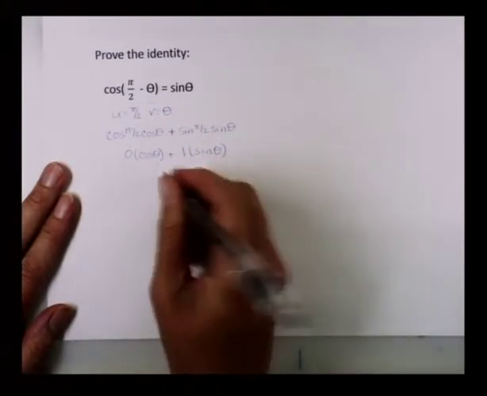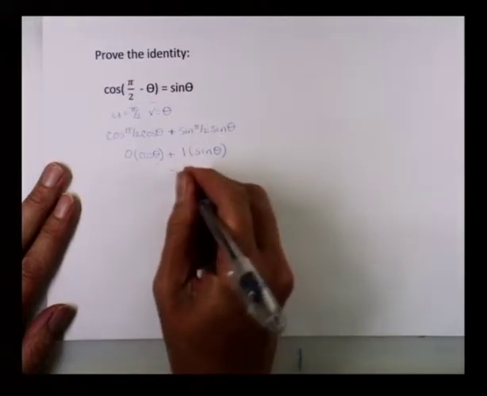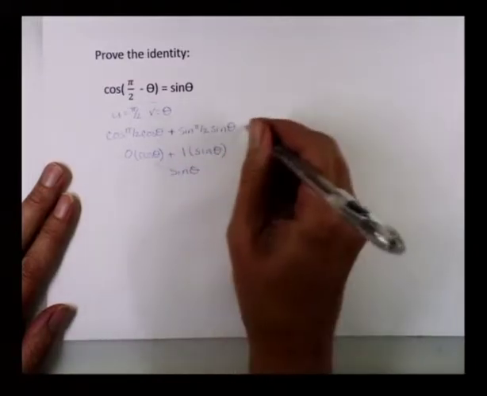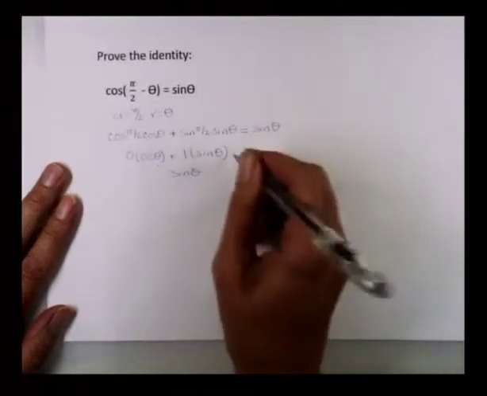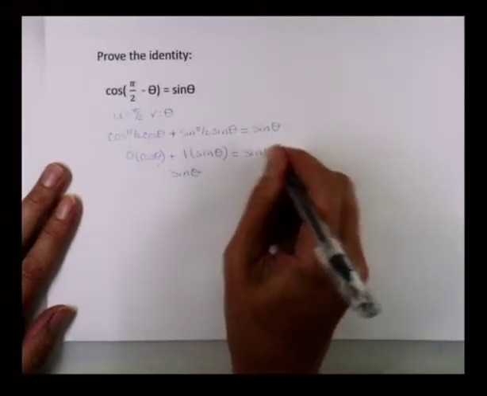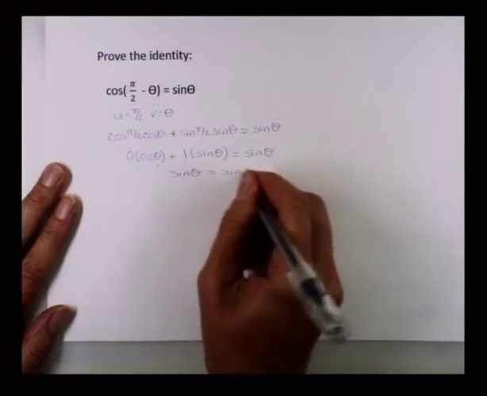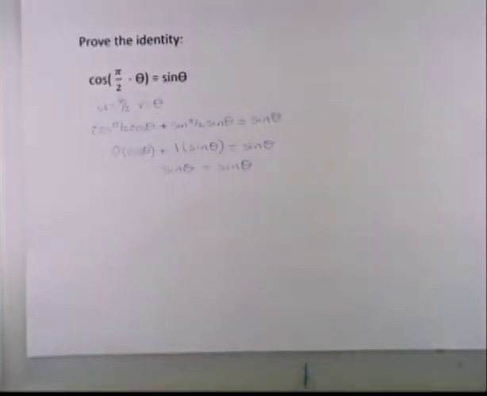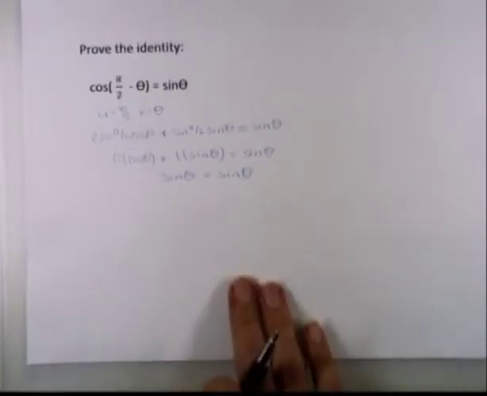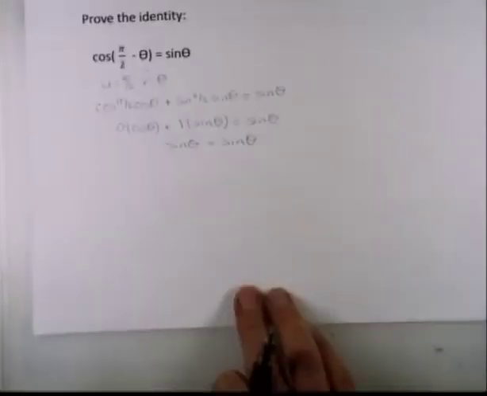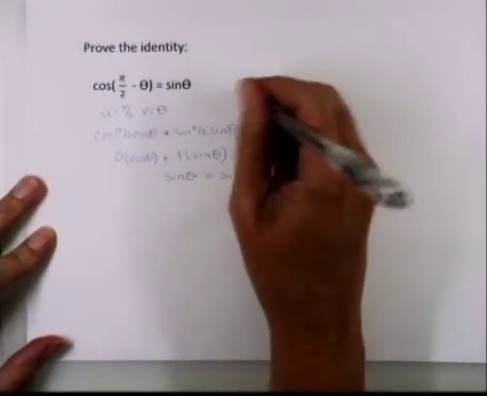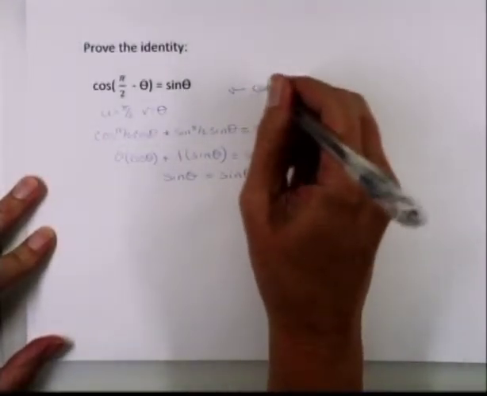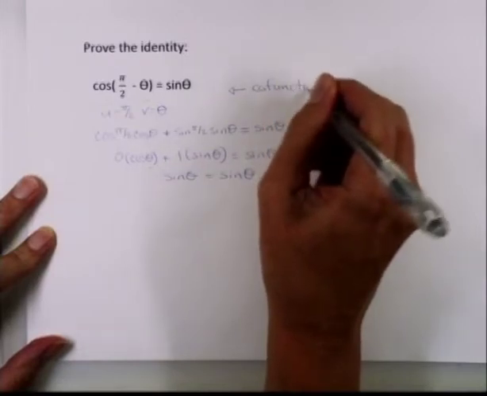This reduces away, and I'm left with sine of theta. Now, since I'm doing a proof, I should have this equals the sine of theta equals the sine of theta. I should have done that as I went along. Okay, so that one would be finished. Now, this actually is a special type of identity. It's called the cofunction identity, and we're going to look at these here next.